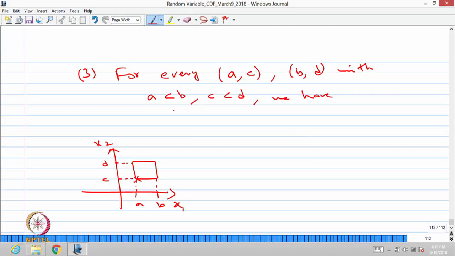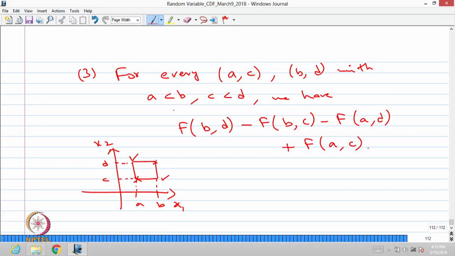After drawing the diagram, now I can go for f of b comma d minus f of b comma c minus f of a comma d plus f of a comma c, which is greater than or equal to 0.